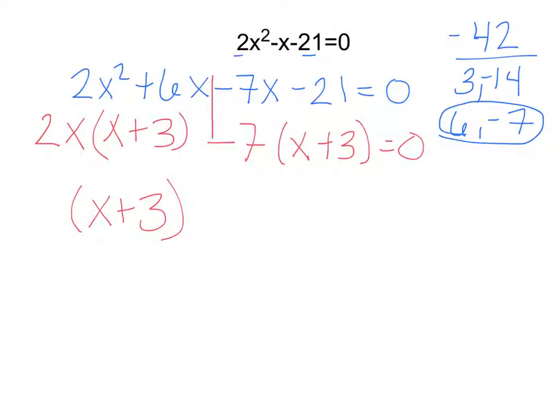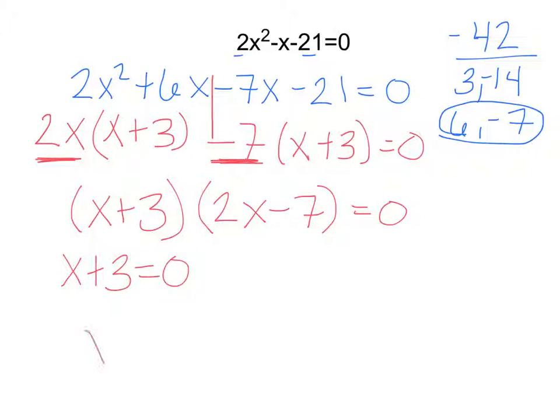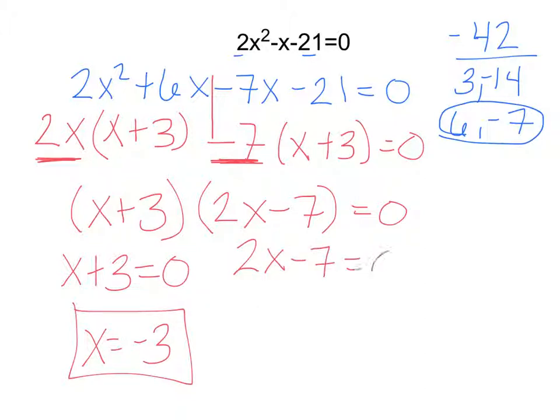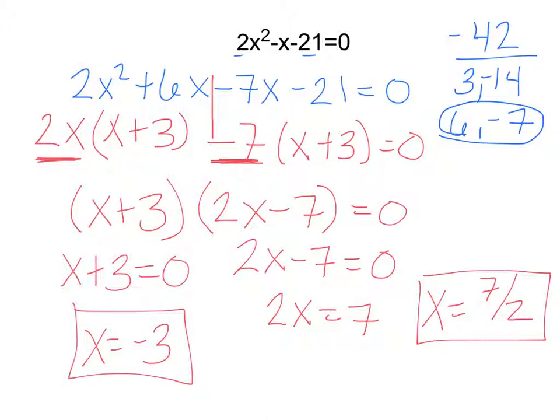All right, so we have x plus 3 and 2x minus 7. So those are my two parentheses. Remember, the second parentheses you get from here, 2x minus 7. I get x plus 3 equals 0. So if I solve, I get negative 3. 2x minus 7 equals 0. 2x equals 7, so my x is going to equal 7 divided by 2, which is also 3.5.